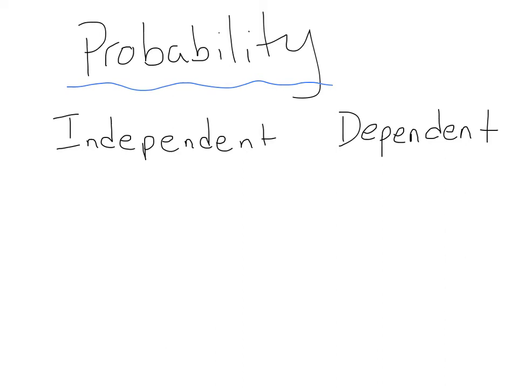We've got probability, and you probably didn't know about independent versus dependent probability. When you hear independent probability, this means the probability is unaffected by past events. So, uninfluenced, let's say, by past events.